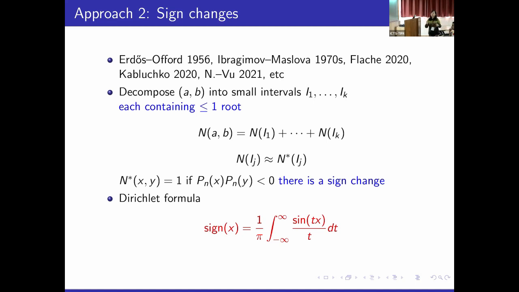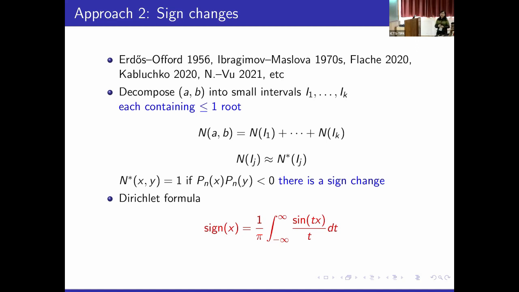You decompose it into small intervals I1 up to Ik, and you divide them so small that you would expect in each interval 0 or 1 root. If the polynomial is expected to only have 0 or 1 root in an interval, whether it has 0 or 1 depends on whether you have a sign change at the endpoints. So N_Ij, the number of roots in the interval Ij, should be roughly the same as N*_Ij, which indicates whether there is a sign change.